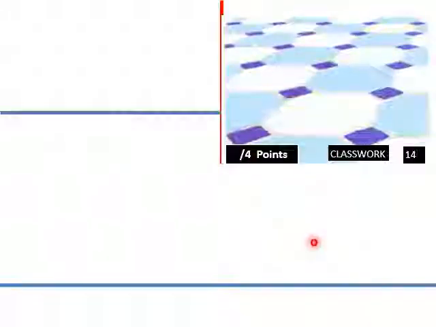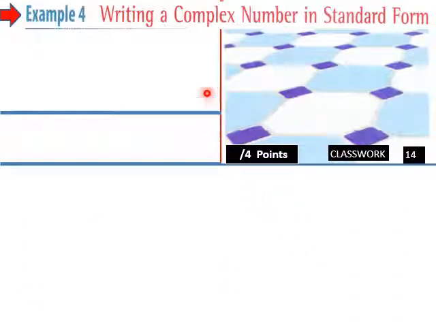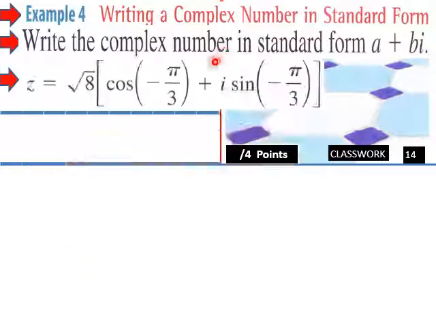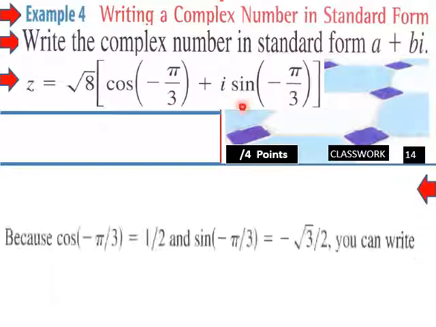Okay, moving into our next example. Writing a complex number in standard form. Write the complex number in standard form, a plus bi. Here's our number here: z equals radical 8, bracket, cosine negative pi over 3 plus I sine negative pi over 3.